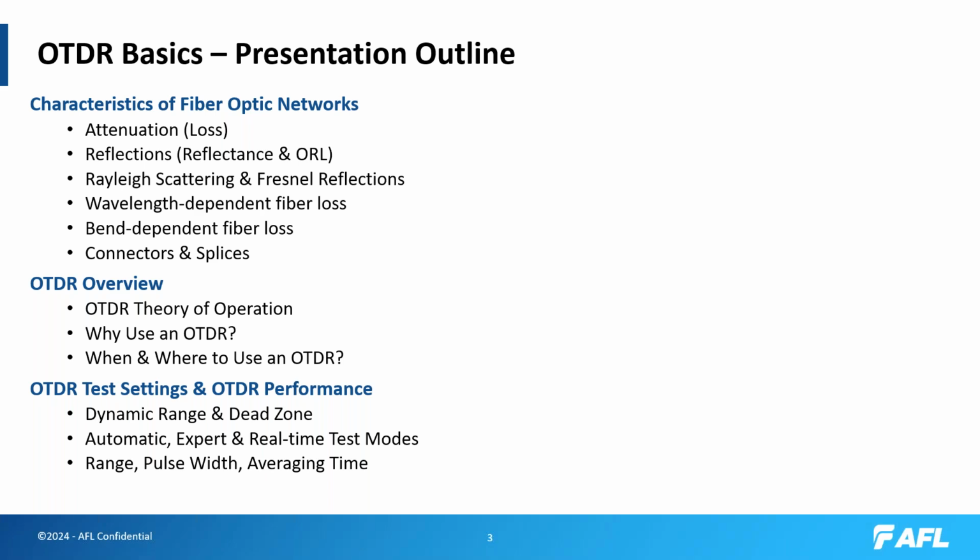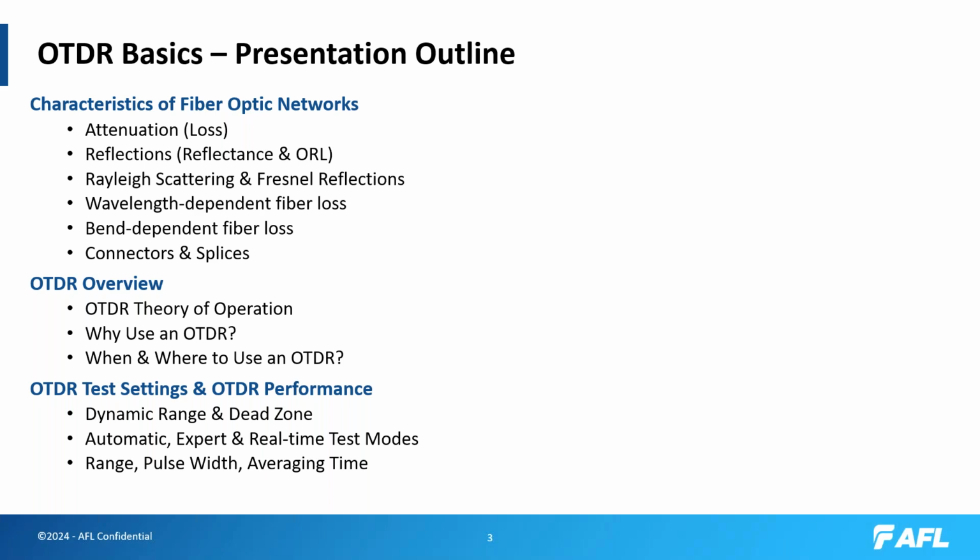So quick outline. I'll start with some characteristics of fiber optic networks: attenuation, reflections, Rayleigh scattering and Fresnel reflections, wavelength-dependent fiber loss, bend-dependent fiber loss, and a little bit about connectors and splices. With that background, we'll jump into an overview of OTDRs: theory of operation, how do they work, why use one, when and where to use one.